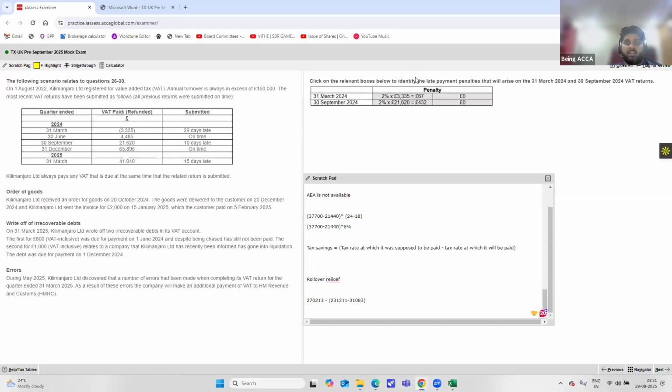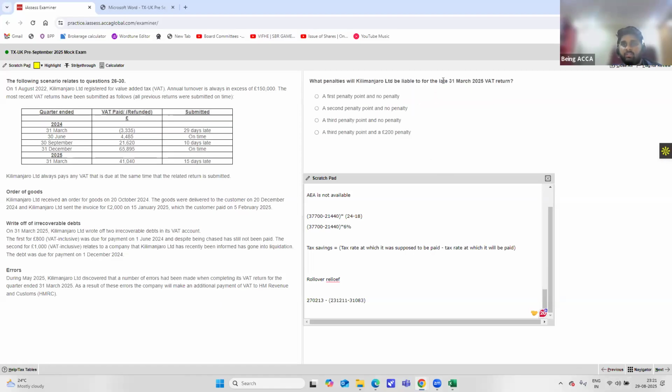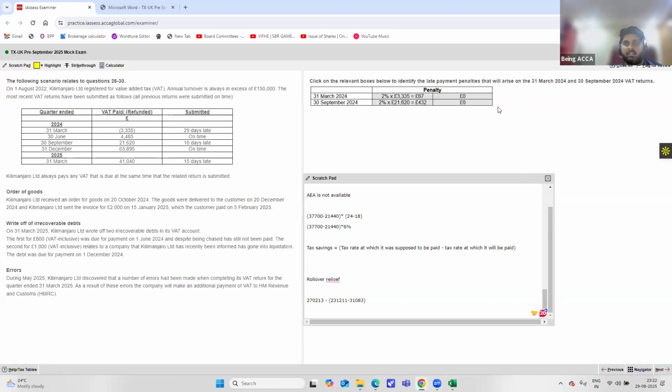Now click on the relevant boxes to identify the late payment penalties that we were talking about earlier. Earlier was asked about filing penalty because you were late to file the VAT return. Now they're asking about the payment penalties that will be late. Click on the relevant boxes below to identify payment penalties that will arise on 31st March 2024 and 30th September 2024 VAT returns. 31st March, will there be any penalty?